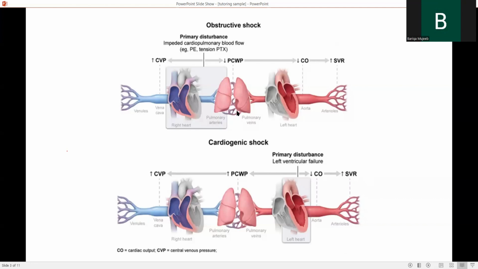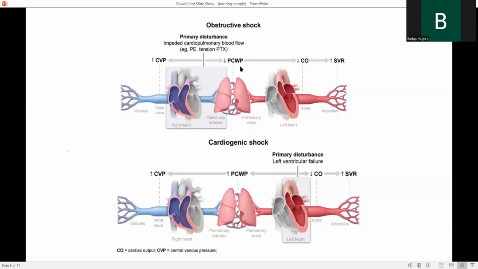How will you differentiate it from obstructive shock? The primary disturbance in obstructive shock is impeded cardiopulmonary blood flow. So the right side of the heart is not able to pump blood towards the lung, which will cause pooling of blood in the venous vasculature that will raise the central venous pressure. But will it raise the pulmonary capillary wedge pressure?